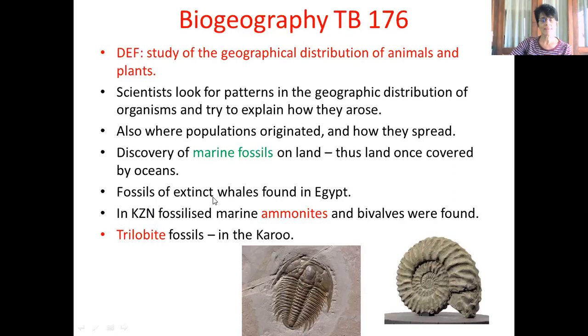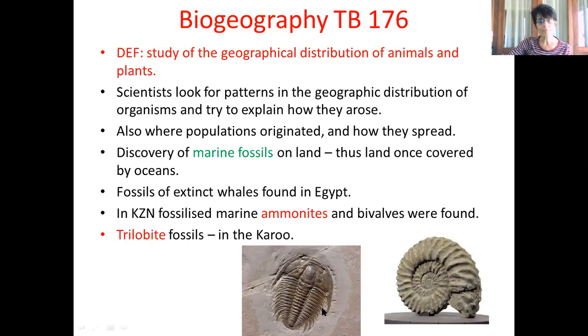This is quite strange. They found fossils of extinct whales in Egypt. Now, in KwaZulu-Natal itself, you get a lot of ammonite fossils, and they can be found in many different places of the world. That shows that these organisms have been around for a really, really long time, and they are found inland. So that region used to be an ocean.